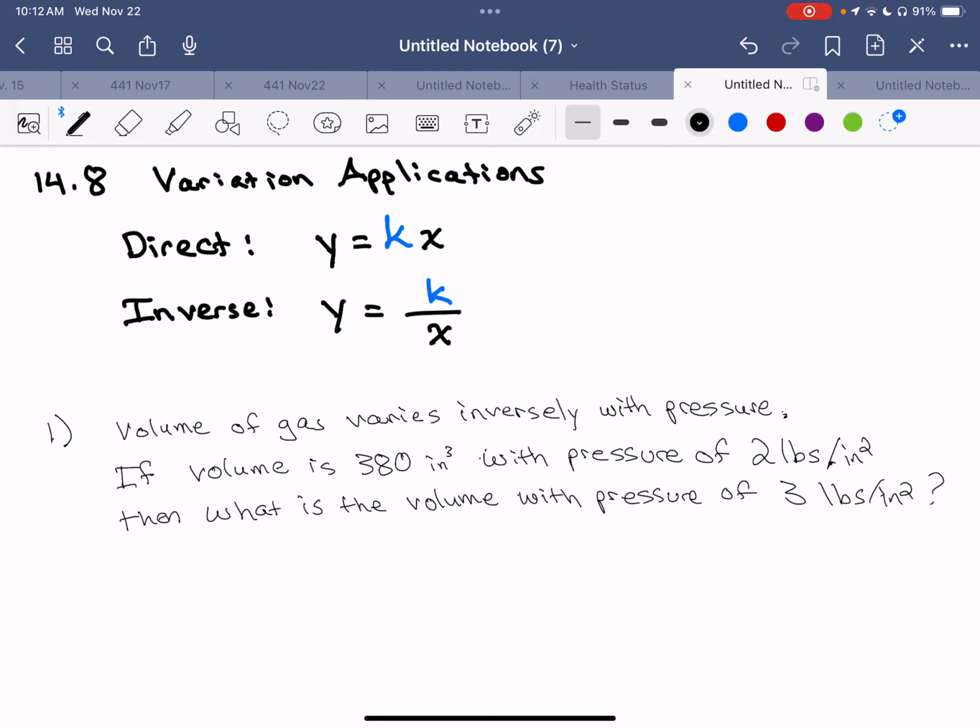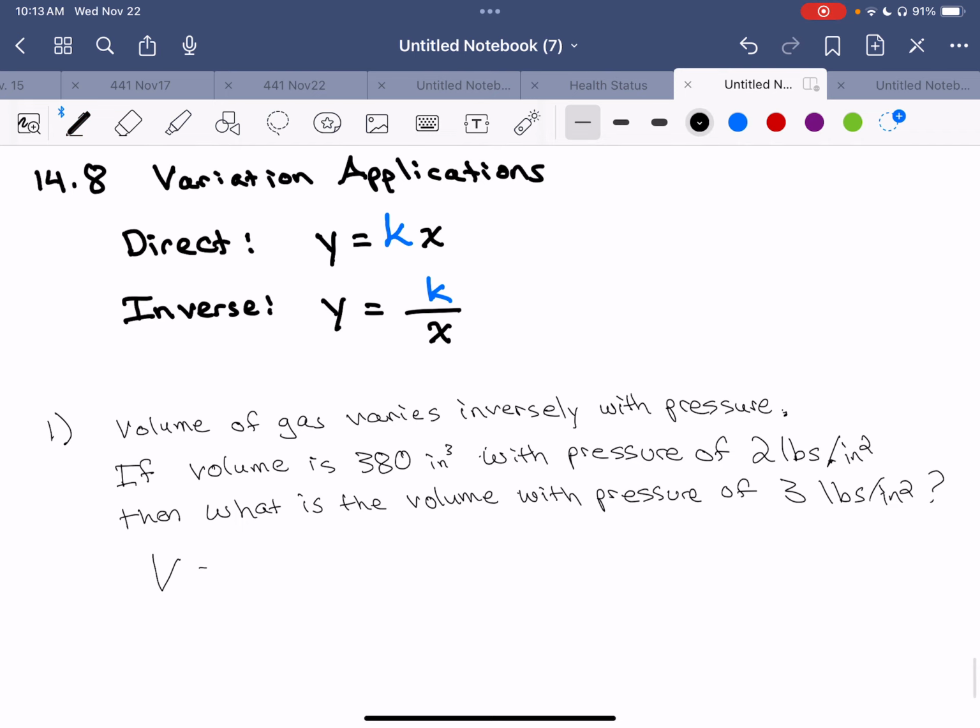So we can start with our direct and say we know that volume, let's do a different color. No, we'll do black. Okay. Volume equals, since it's inversely, some constant over pressure.